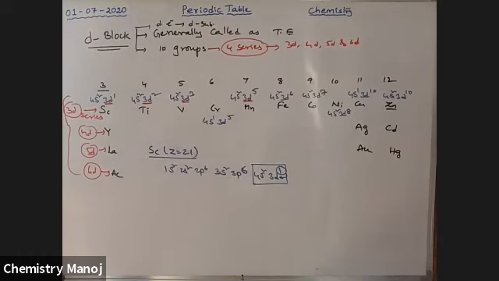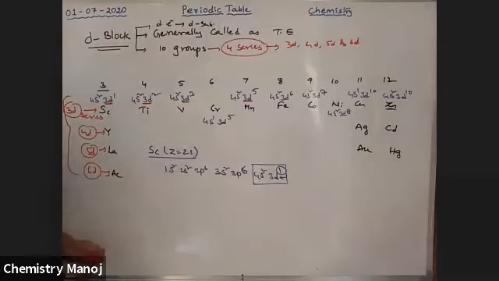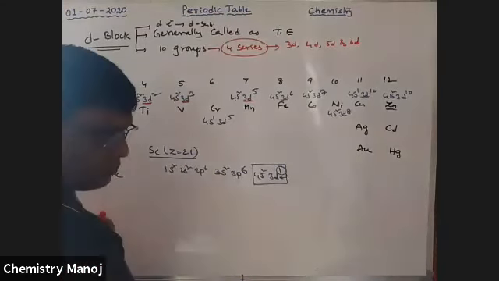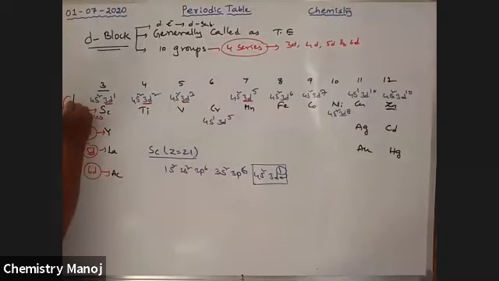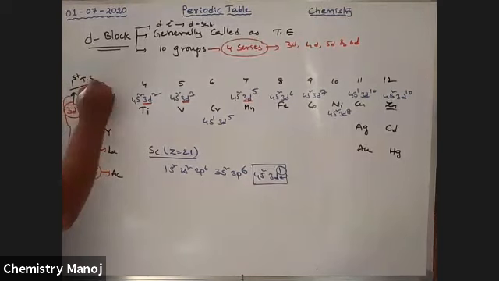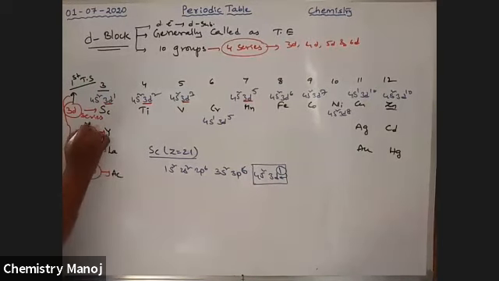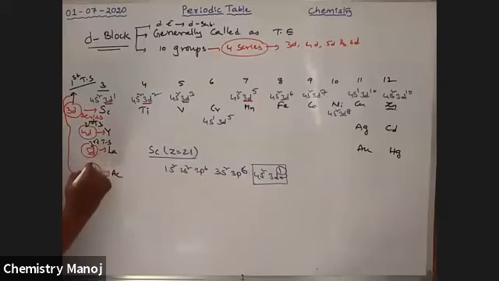These are also called transition elements. That is why the 3d series is called the first transition series. The 4d is the second transition series, the 5d is the third transition series, and the 6d is the fourth transition series.